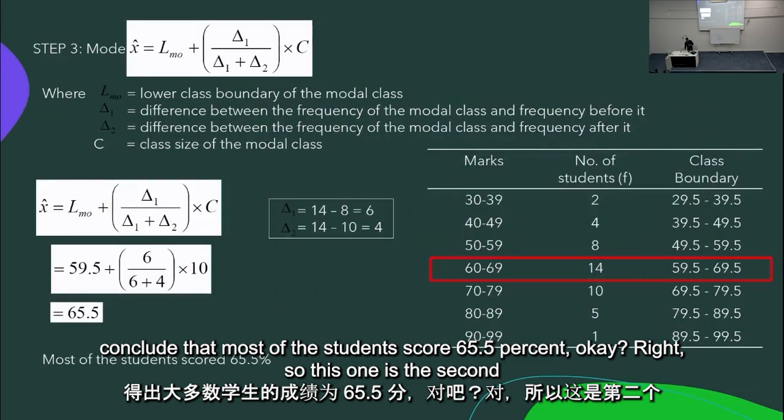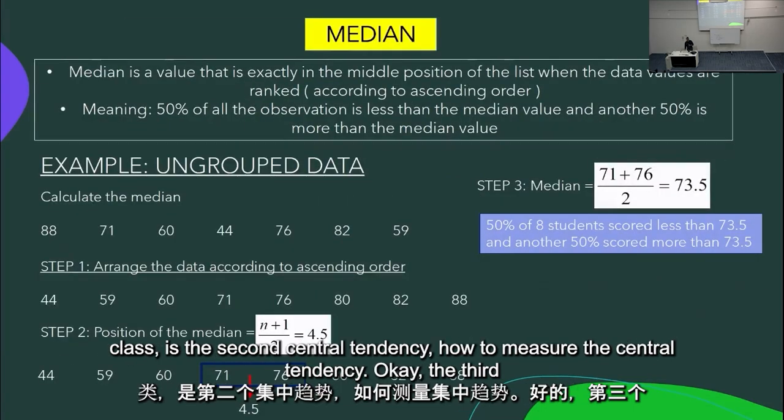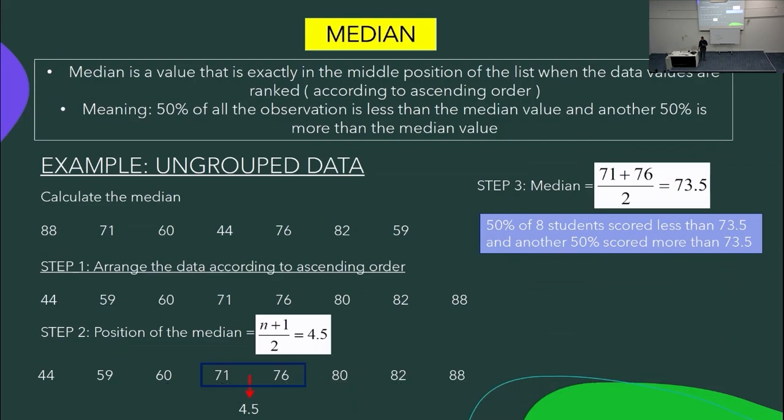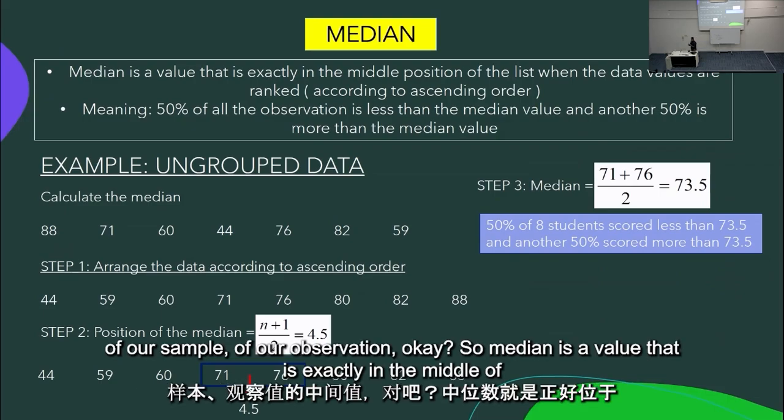Right, so this is the second measure of central tendency. The third one is the median. The median is the third way to measure the central tendency of our data, of our sample, of our observation.